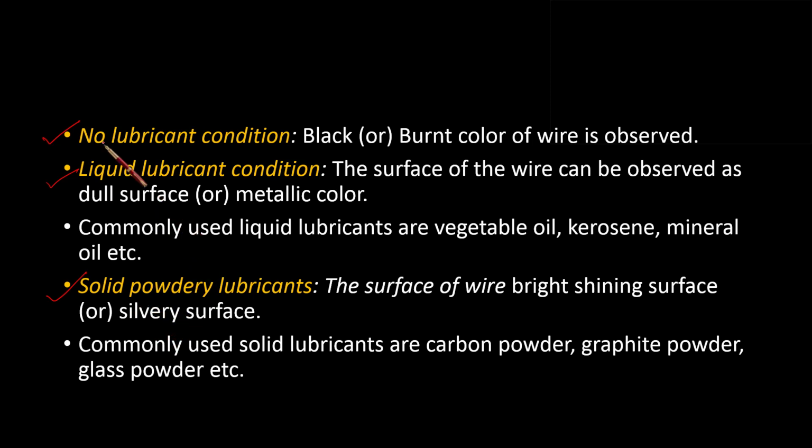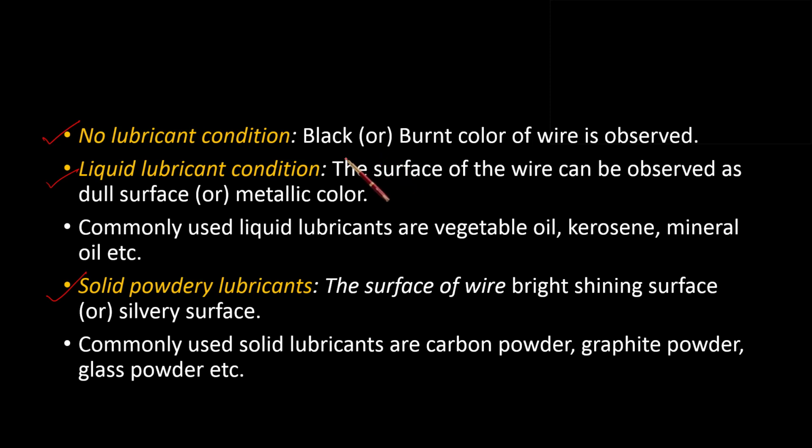In the no lubricant condition, when we don't use any lubricant, due to more friction and large deformation, a large amount of heat is generated, and that heat hampers the surface of the wire which is coming out, so the surface becomes burnt. Actually the color will be a burnt color.